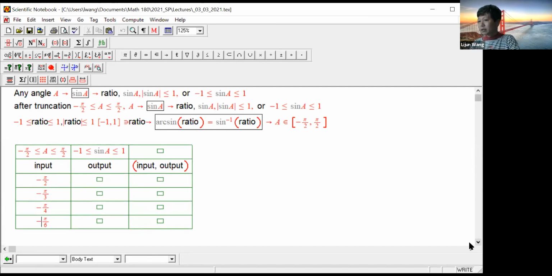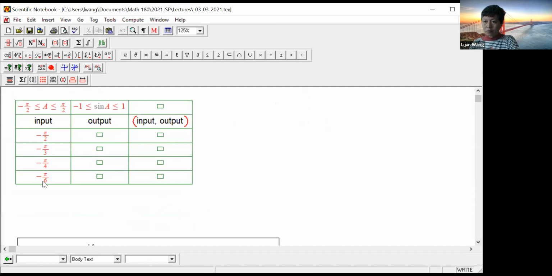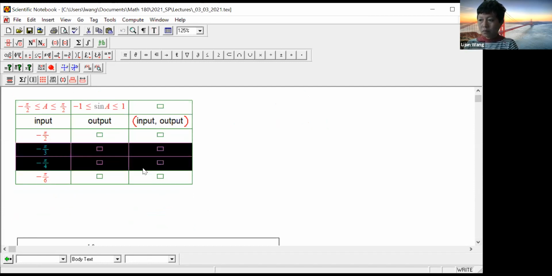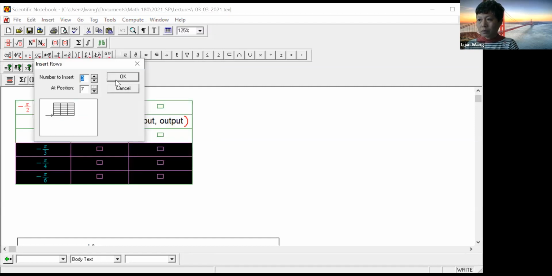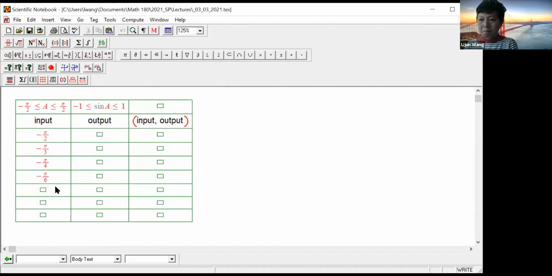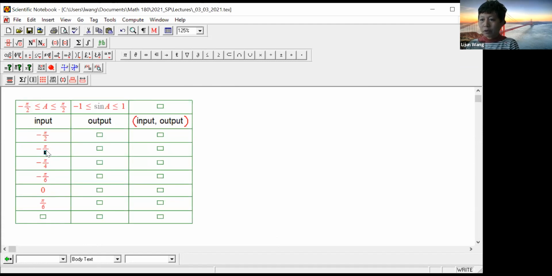Okay, I'm going to keep the table going. Insert some more rows. Okay, and 0, right? And then it's pi over 6, pi over 3.